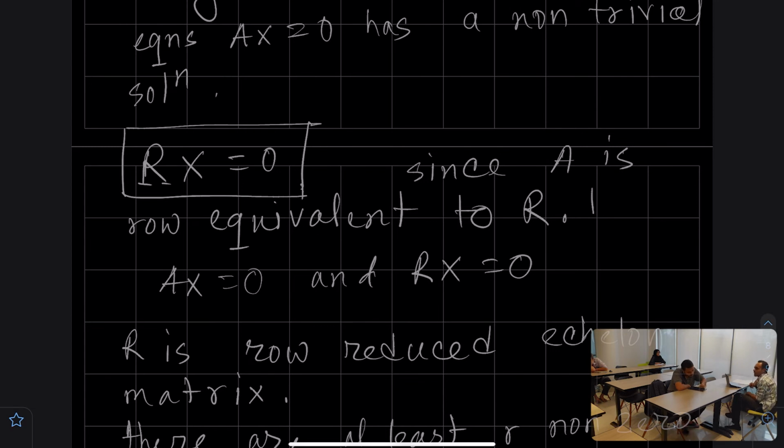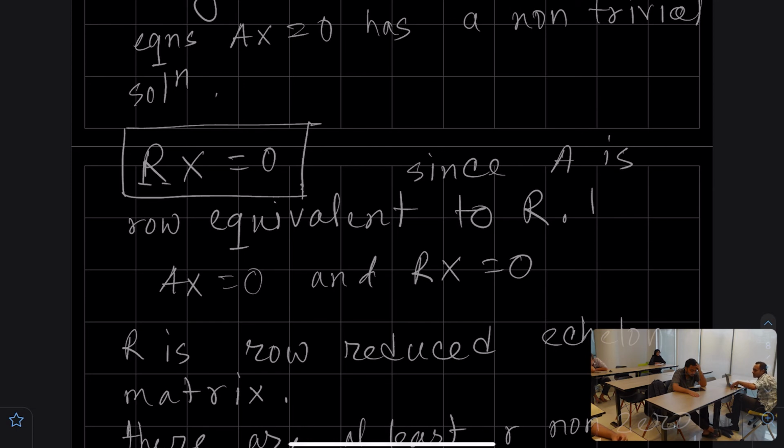But in Rx equal to 0, there are r leading variables, and there are n minus r free variables in Rx equal to 0. So I can definitely write all those leading variables in terms of the free variables.